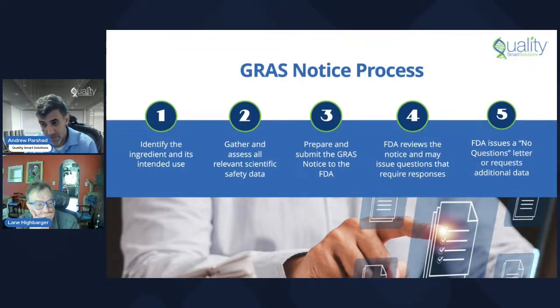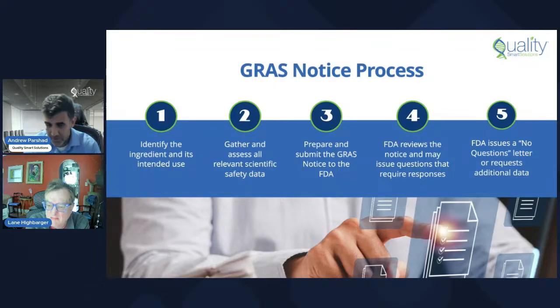There could be a situation where you may withdraw it because maybe there's data that you can't supply that the FDA has asked for, or the FDA may actually ask you to withdraw it and cease reviewing it. So remember, this all stays public. Even if you withdraw it, it stays public where everyone can see it. And so this is why a lot of companies have taken the self-affirmation pathway.